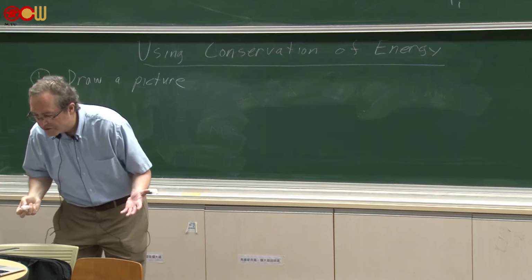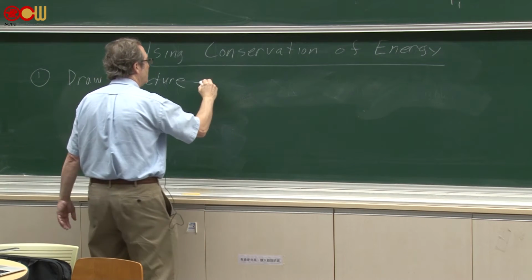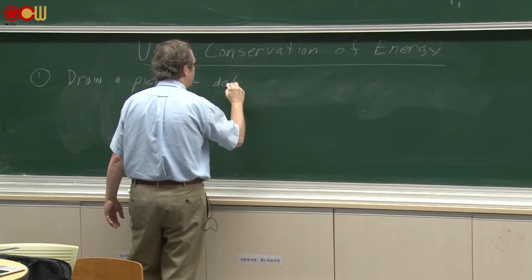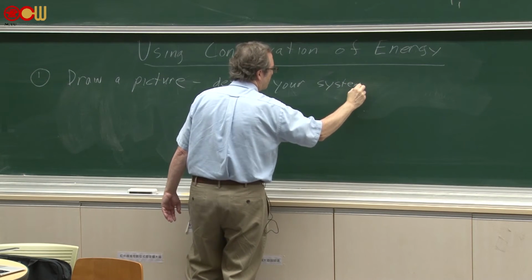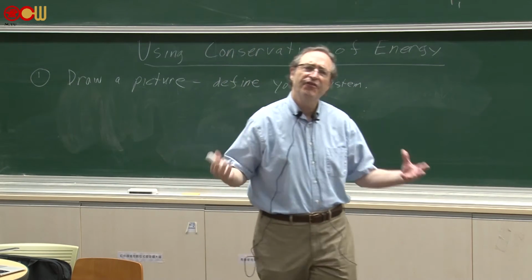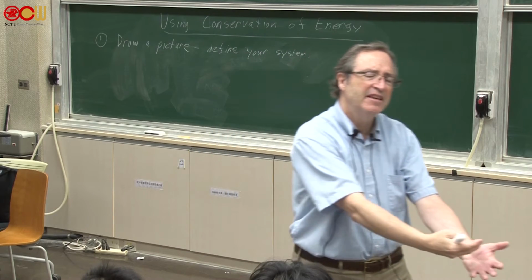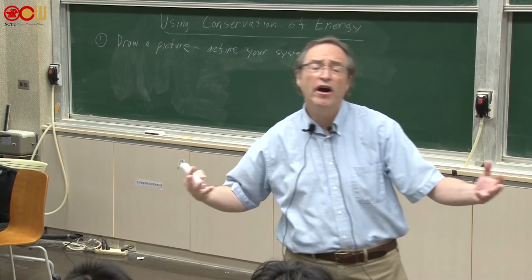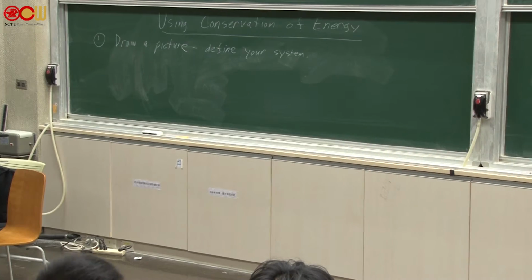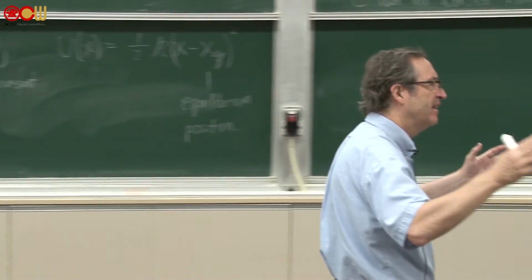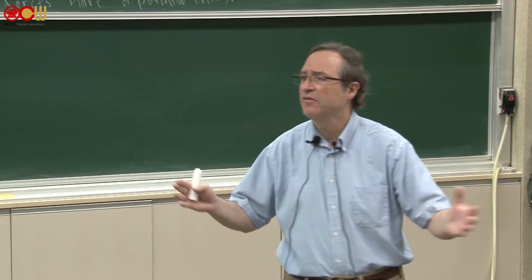The importance of this, in particular, is to define your system. The idea of conservation of energy is that the energy going into the system must equal the energy coming out. Or if you have an isolated system, the energy is constant within that system.